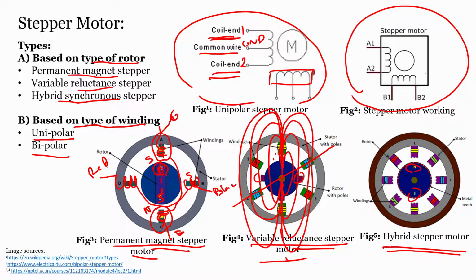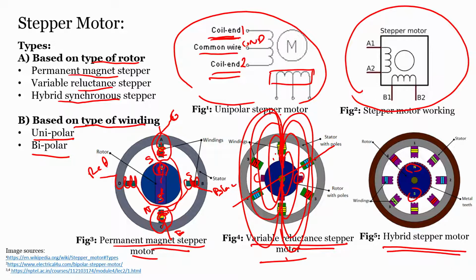And in case of a bipolar stepper motor, it has 2 independent coils, A1 and A2 and B1 and B2. So, if I flow current in one direction through A1 and A2, the motor will get magnetized in one direction, and if I send the current in the other direction, then the magnetic field will be created in the opposite direction.